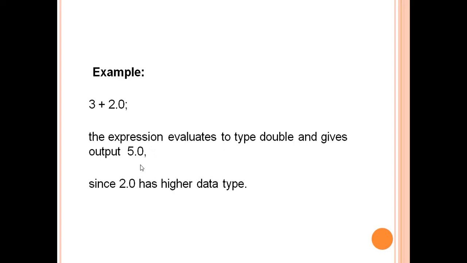The double data type has higher priority compared to the integer data type. So here the result is 5.0 since 2.0 is the higher data type among these two. In this way, 3 plus 2.0 is evaluated to 5.0.